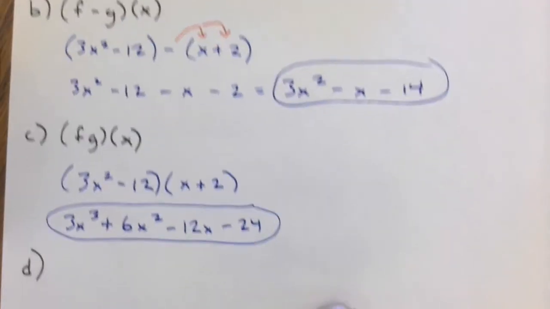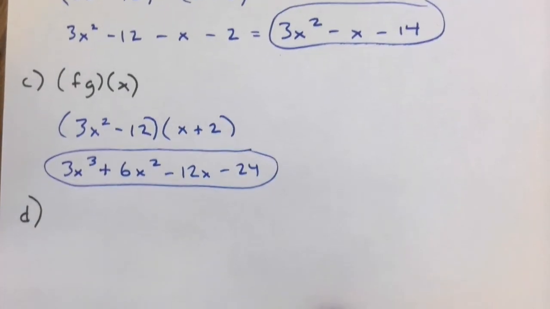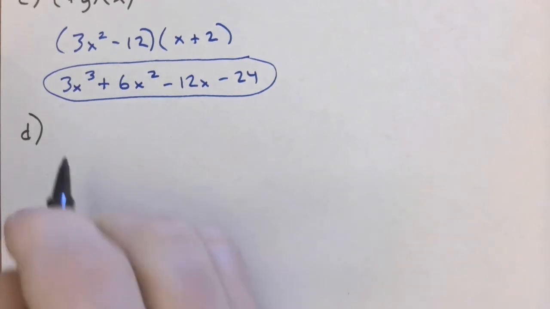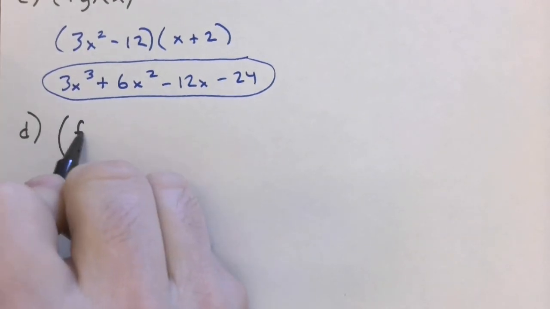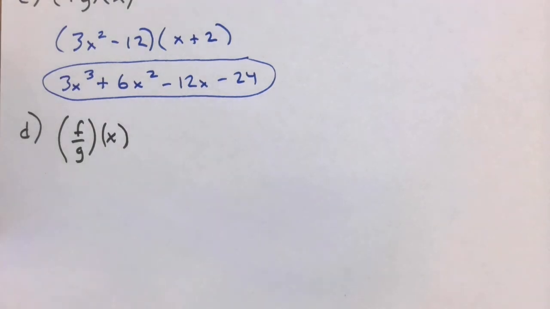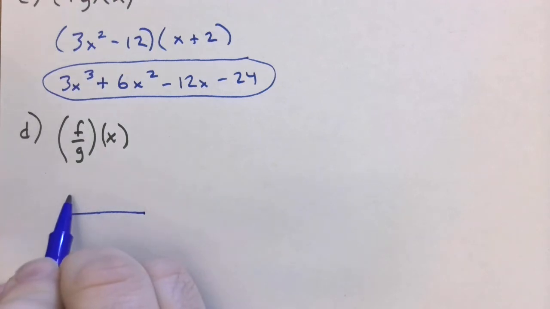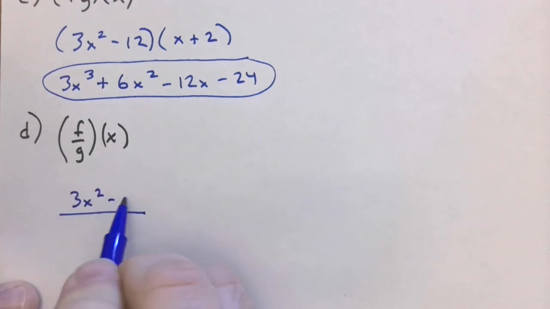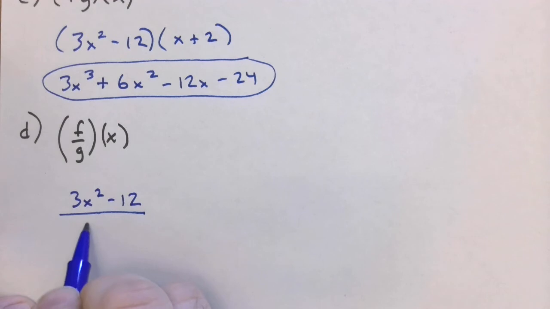And let's take a look at a division problem as well. So if we took f of x divided by g of x, we would have on the top part of our fraction f of x, on the bottom part of our fraction g of x.